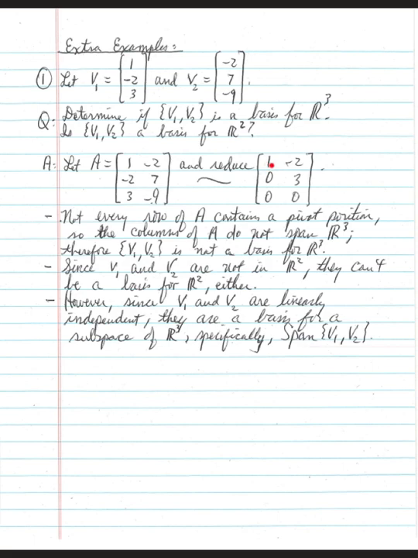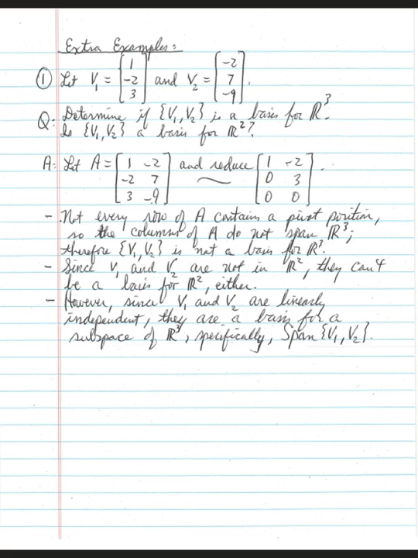We have a pivot in the first column, a pivot in the second column. The problem is we don't have anything down here in the third row. Now, since not every row of A contains a pivot position, the columns of A do not span R3.